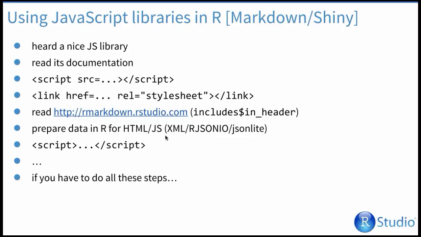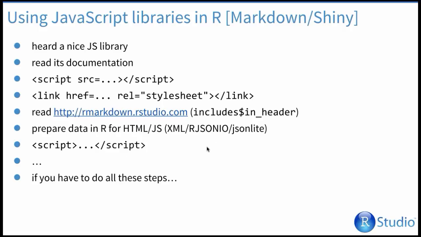Then in R, normally you get data objects like data frames or matrices, and you will have to prepare your R objects into formats that are useful for HTML documents. For example, you can convert your data objects into XML or JSON or things like that, and then you initialize this library using another piece of JavaScript code, and you probably will get lost along this process.